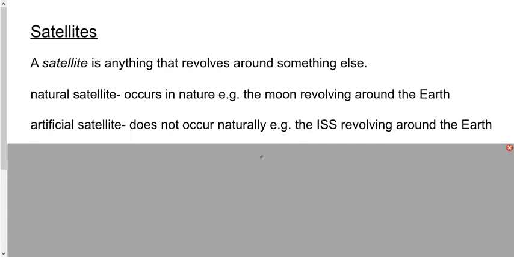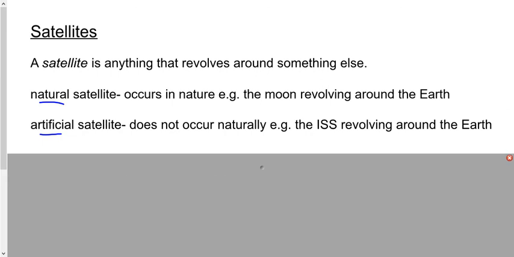In the end, they're going in more or less circles. Therefore, we'll say that whether it's a natural or an artificial satellite, there's a centripetal force, and that centripetal force is provided by gravity. So the centripetal force will be equal to the gravitational force.